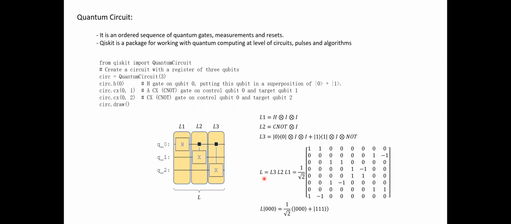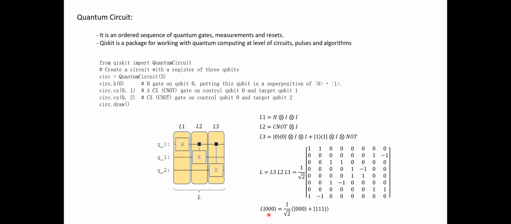And if we want to compute the whole transformation matrix for the whole quantum circuit, we just perform the multiplication between L3, L2, and L1. So we can get a transformation matrix like this one, with dimension 8 by 8.